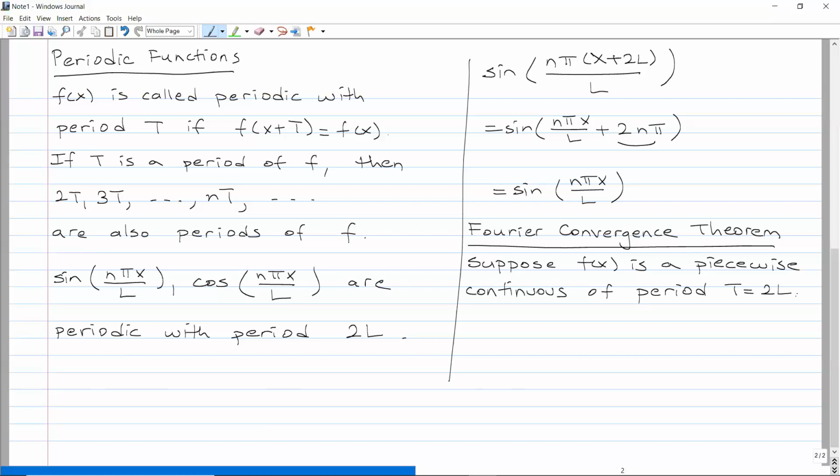Then there is a unique set of constants.